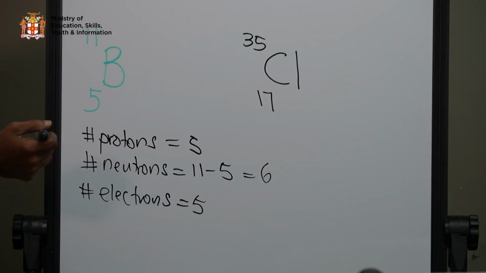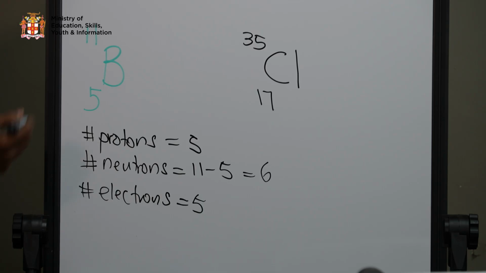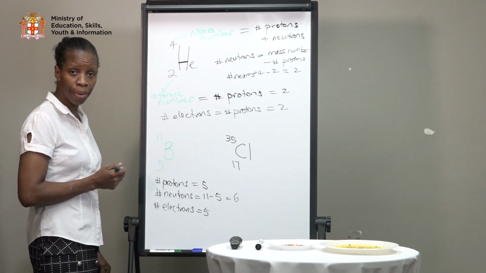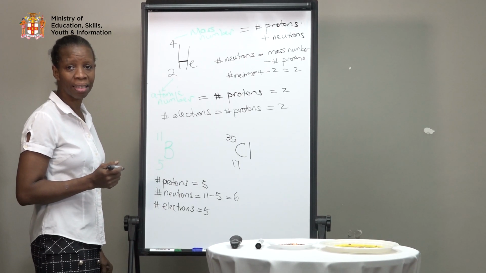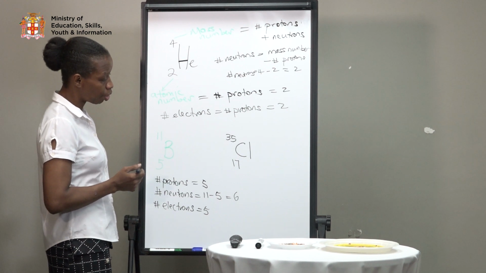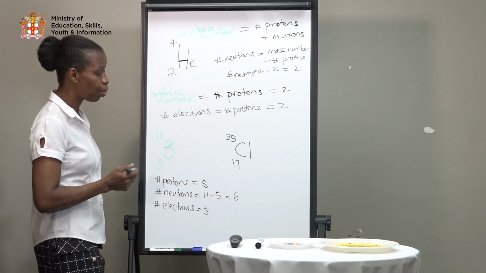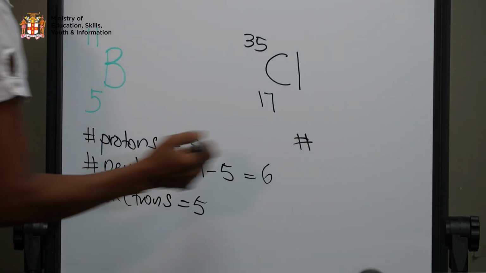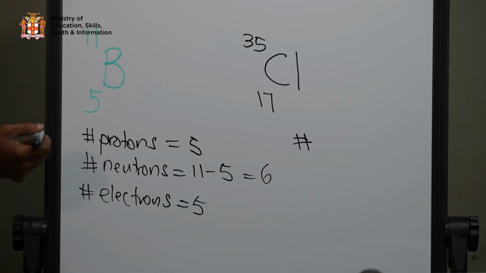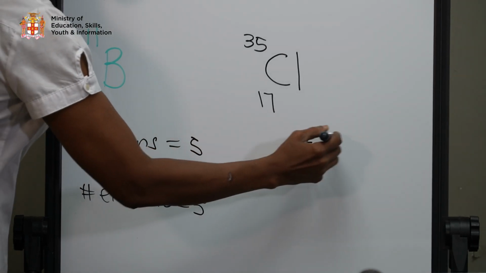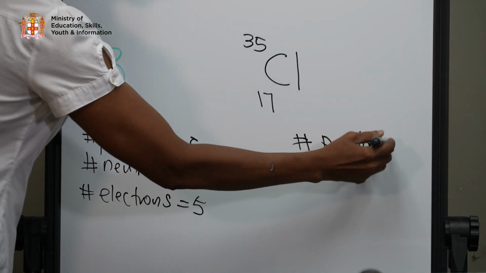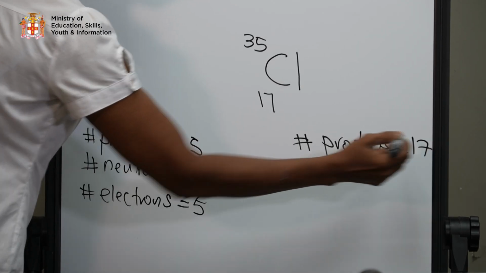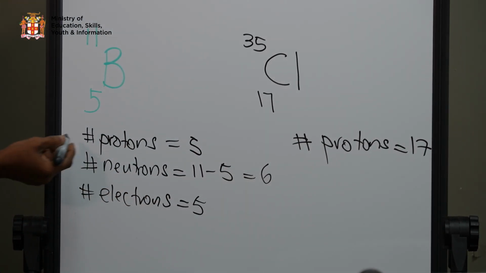Okay, so again, we want to identify the atomic number and the mass number. Good? Okay, so what's the number of protons? You should by now get the hang of it, right? Yes? Number of protons, same as the atomic number. Yes. Number of neutrons.